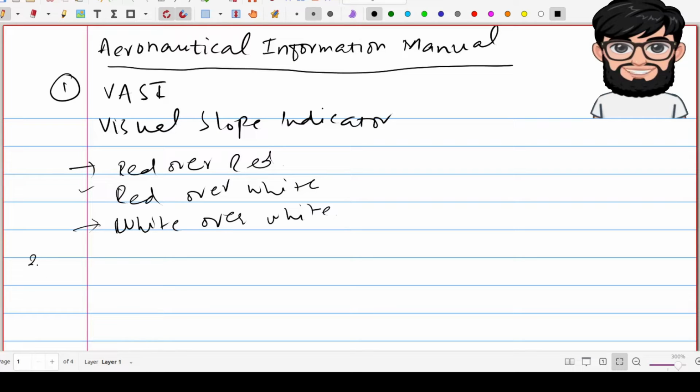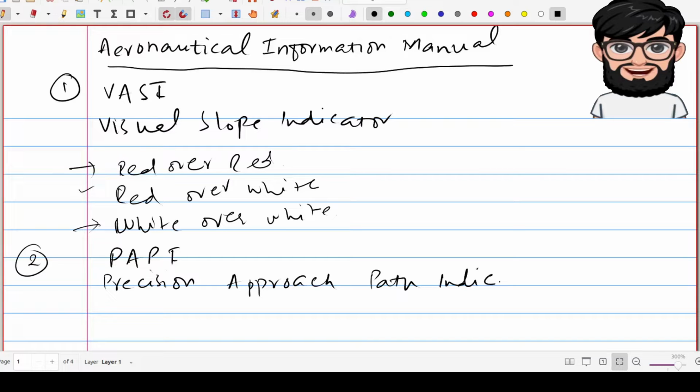Then a similar one, PAPI. What is it? This is the Precision Approach Path Indicator. It uses light units similar to the VASI, but they are installed in a single row of either 2 or 4 light units.